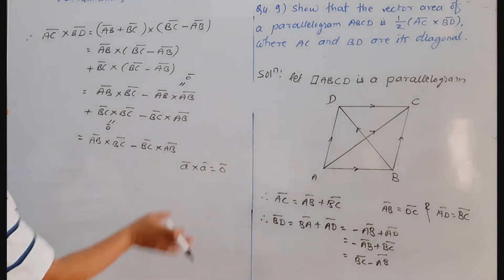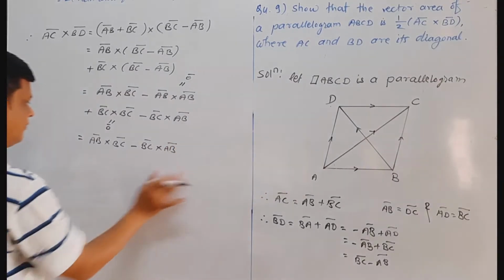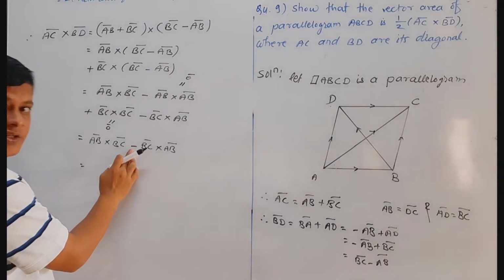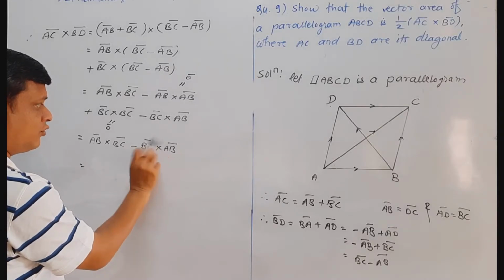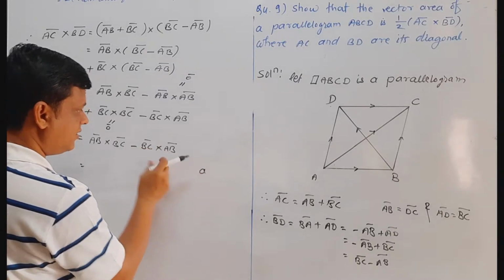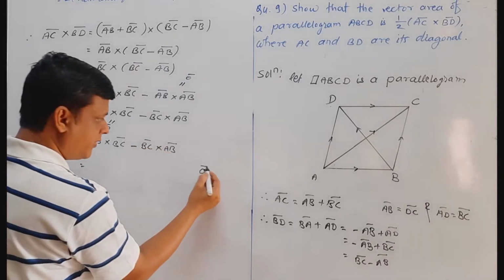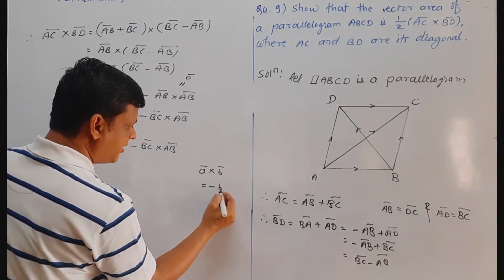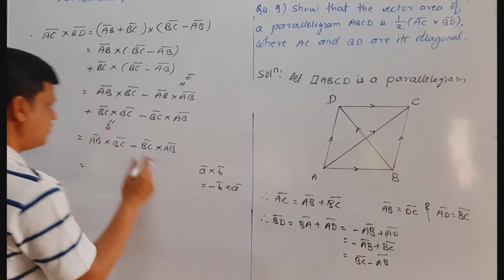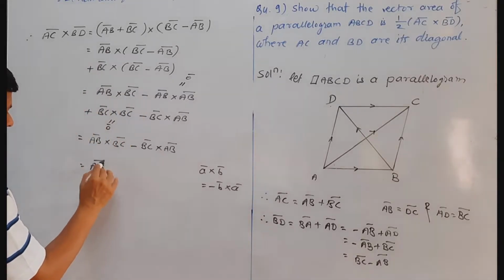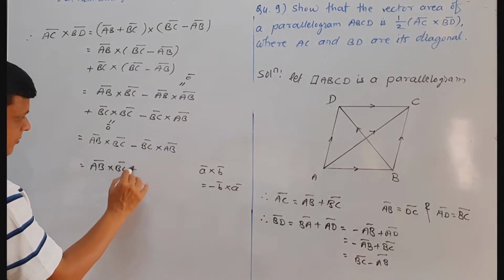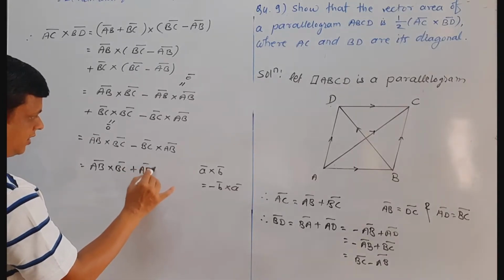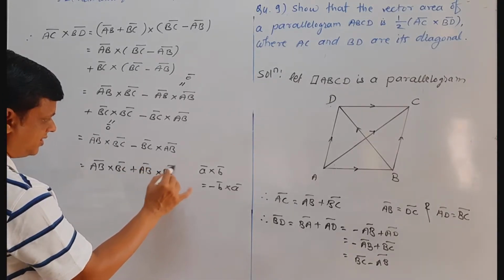So we change this sign. For changing the sign, we have to rearrange these vectors. That means vector A cross vector B equals minus vector B cross vector A. So we write this as vector AB cross vector BC plus vector AB cross vector BC.